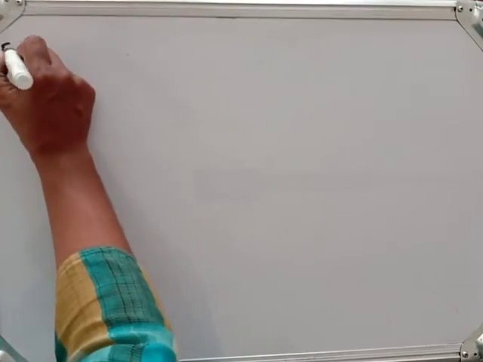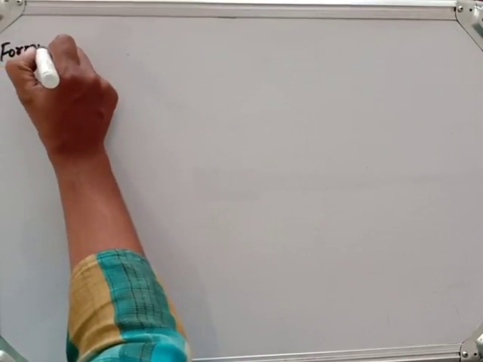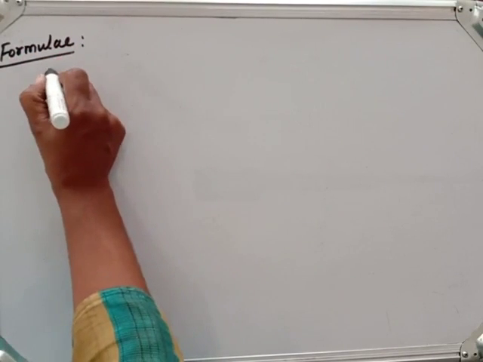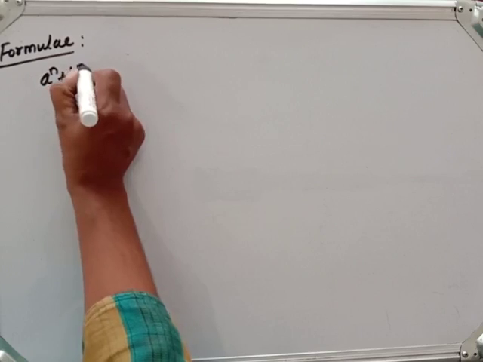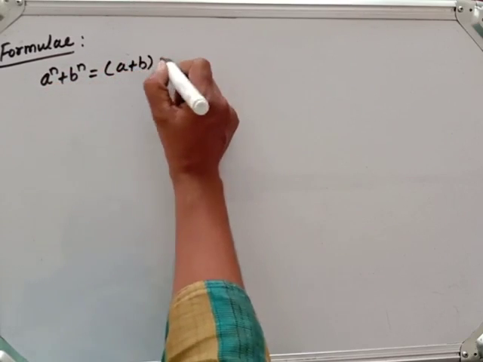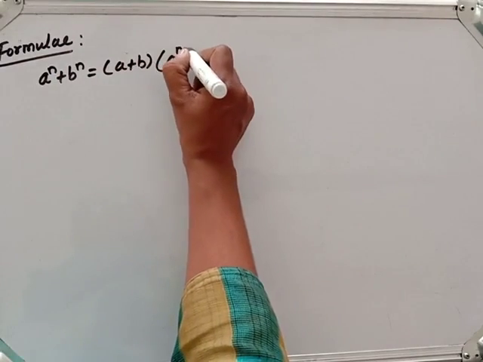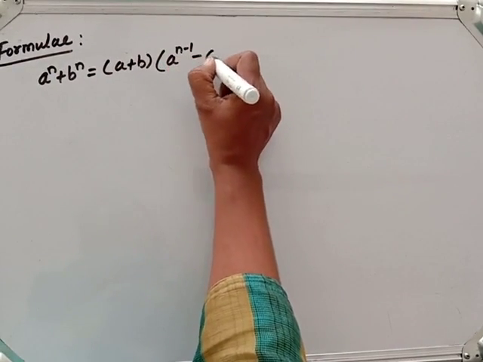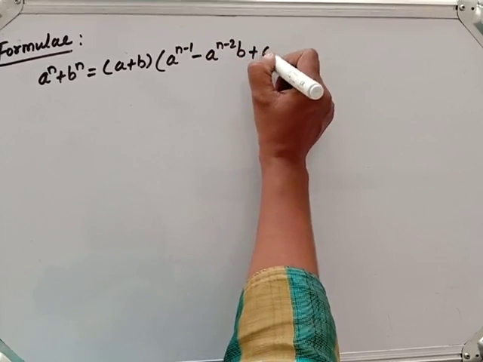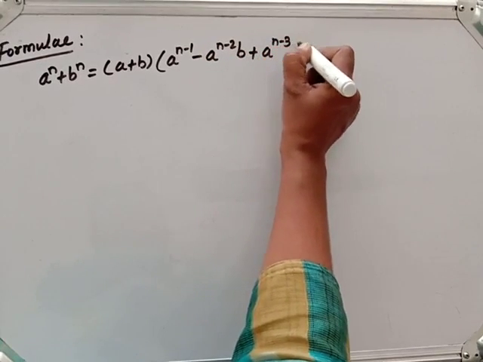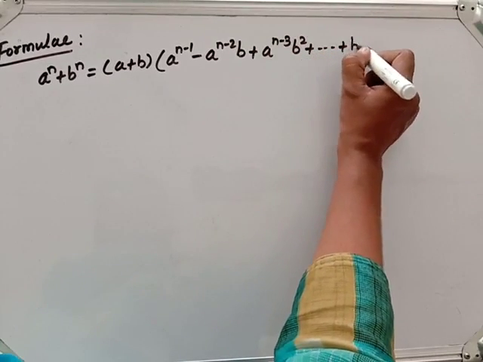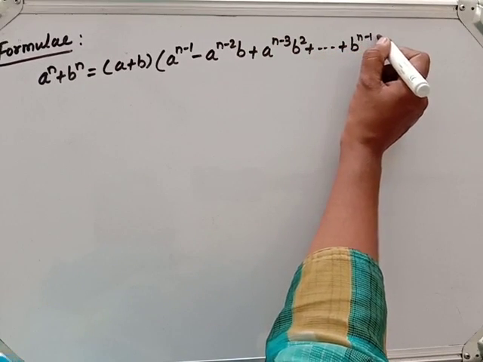Suppose the formulas are: A raised to n plus B raised to n, this can be written as a plus b into a raised to n minus 1 minus a raised to n minus 2 b plus a raised to n minus 3 b square plus so on up to b raised to n minus 1.